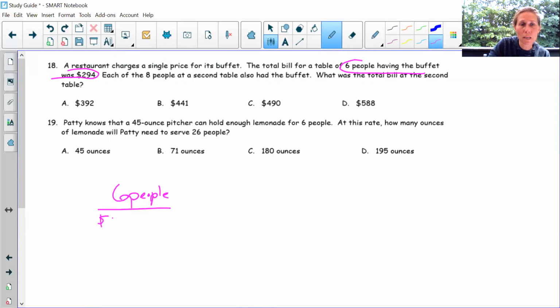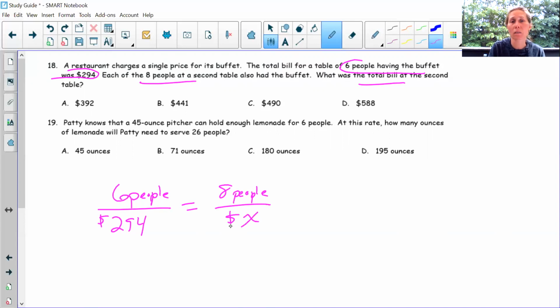I know 8 people, but I don't know how much they cost. So I'm going to call that X.